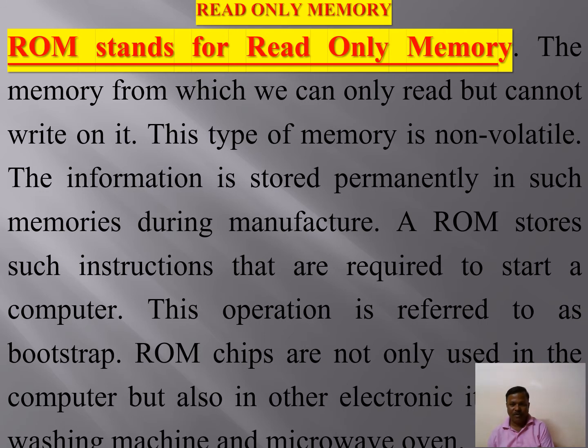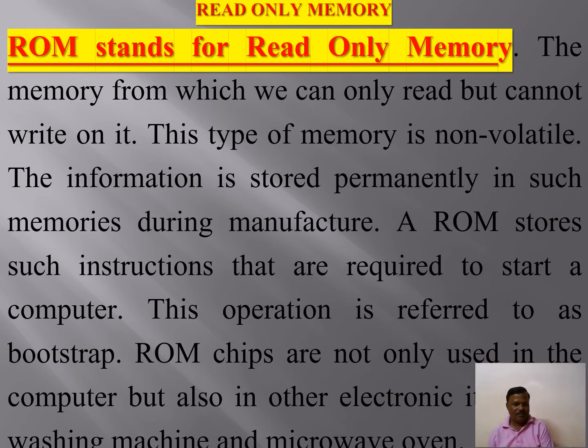MROM, masked ROM. The very first ROMs were hardwired devices that contained a pre-programmed set of data or instructions. These kinds of ROMs are known as masked ROMs, which are inexpensive. PROM, programmable read-only memory.